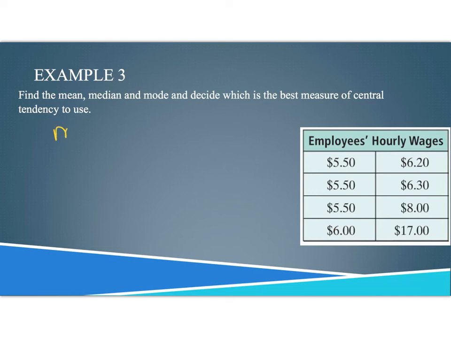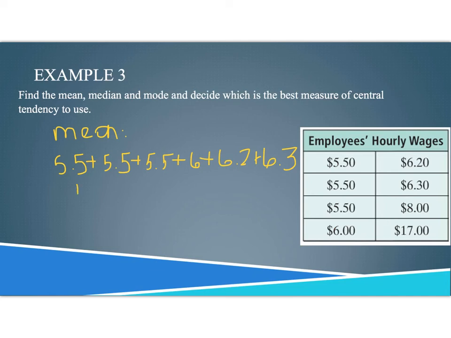So the mean, we're going to find by going 5.5 plus 5.5 plus 5.5 plus $6 plus $6.20 plus $6.30 plus $8 plus 17.